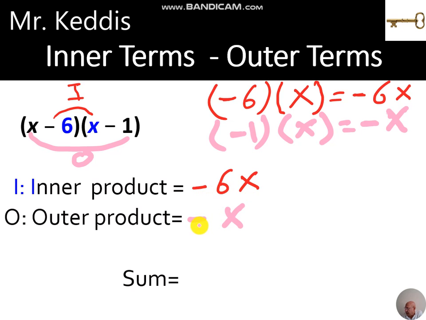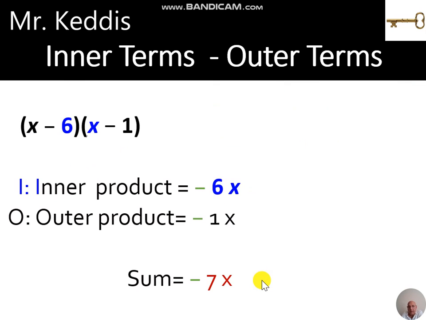Negative 6 and negative 1 means the sign stays negative, and 6 plus 1 is 7x. Please pause and take notes.